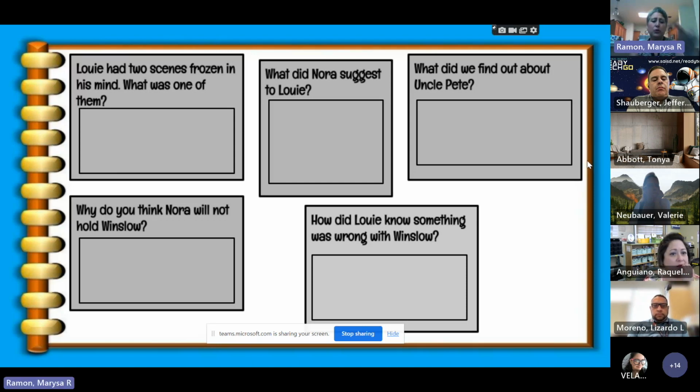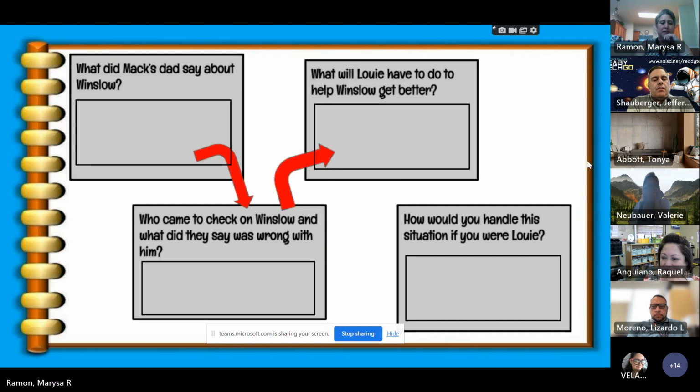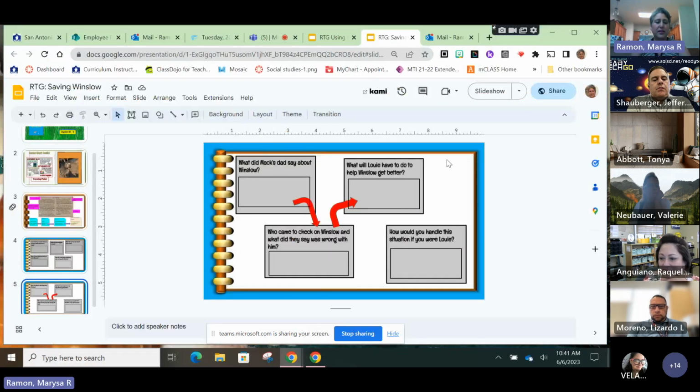And we'll talk about how your answer doesn't have to be written exactly like mine, but that it should be a complete answer. And then they'll get to the point where you'll hear them talking to each other about, no, let's write it this way, or let's say this. So just some more what, whose, and then just to connect to the text, how would you handle the situation if you were Louis? So that's a beginning of the year book.